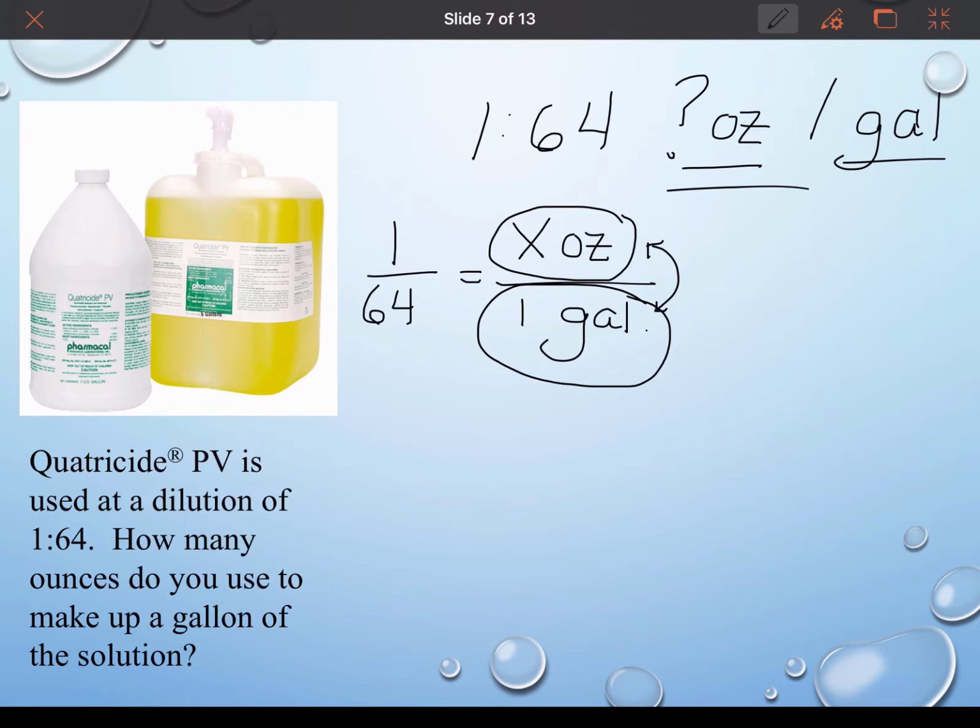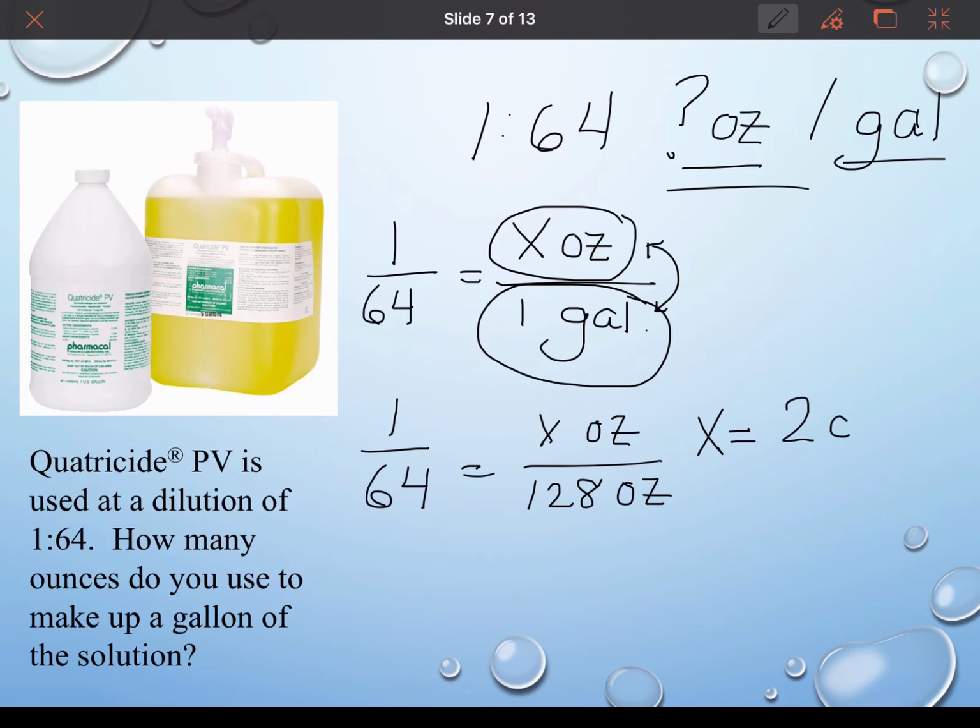You can do it on a converter app. You can look it up on a conversion table. I've done it for us here. 1:64 equals X ounces over 128 ounces, since 1 gallon is equivalent to 128 ounces. So now we're merely solving for X, and X equals 2 ounces of quatricide added to 1 gallon of water.